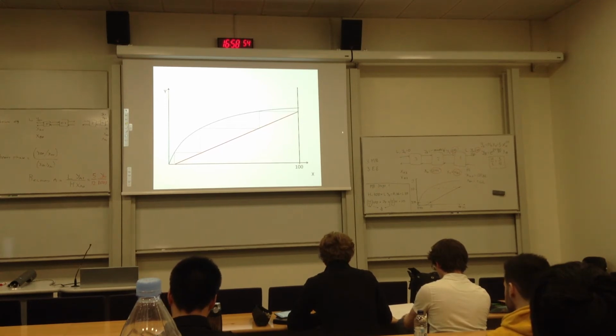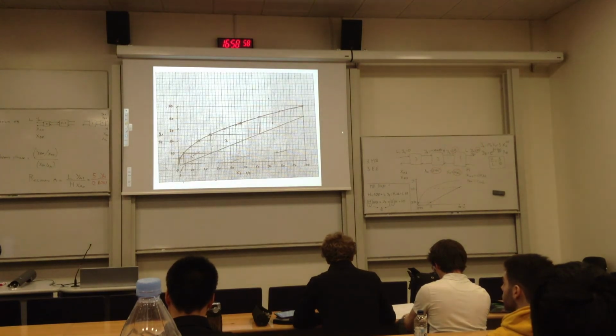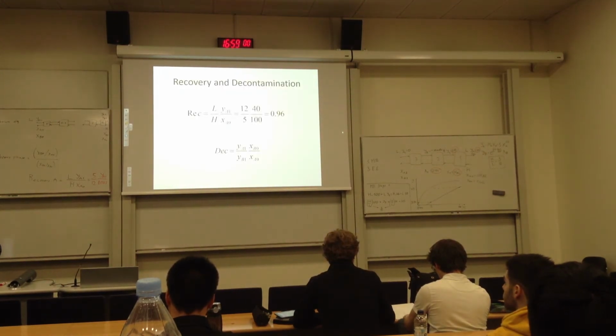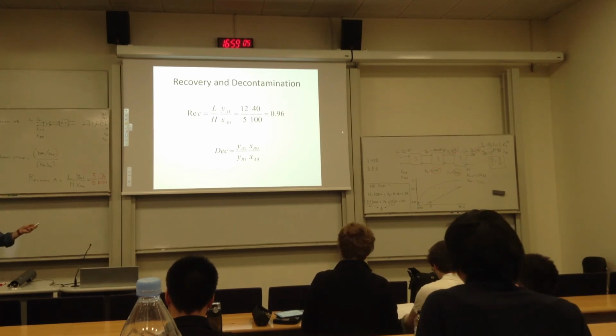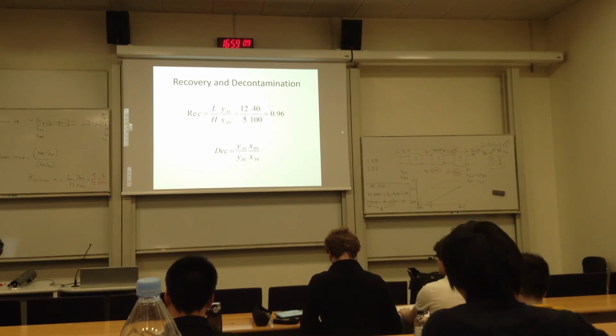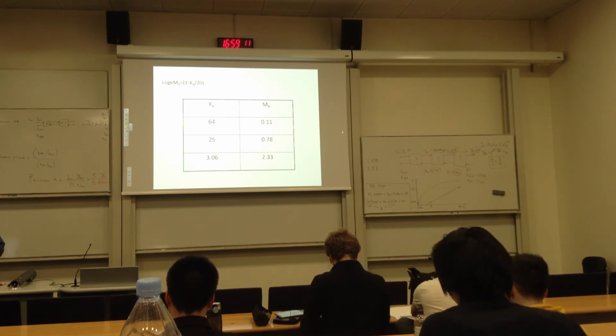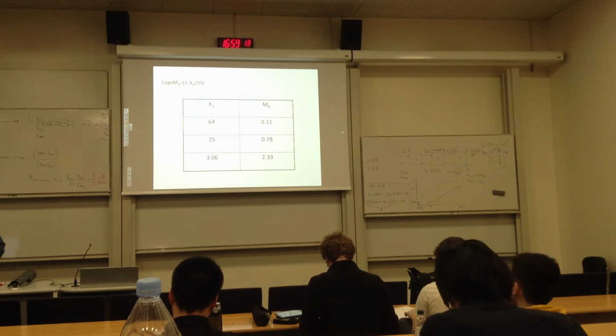Any questions? So let's see what happens to B, because we were asked for the recovery. In the end, we found that YA1 was 40. Now what happens to B?